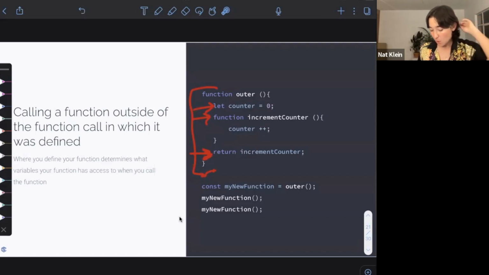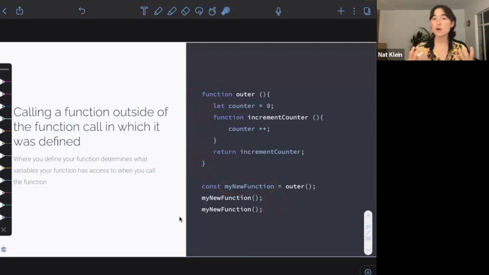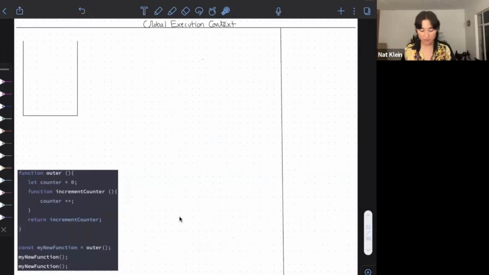And so we're going to see, when we assign the evaluated result of outer, aka the return value of outer, which is this, what I'm pointing at right here, this increment counter, when we store that returned value of outer into a new constant or under a new label in global memory, and then we invoke it, we're going to see some interesting stuff. We're going to be introduced to these kind of new concepts. Again, how can we persist data, things like counter, between function calls? And how does where we define our function determine what data we have access to in those subsequent function calls?